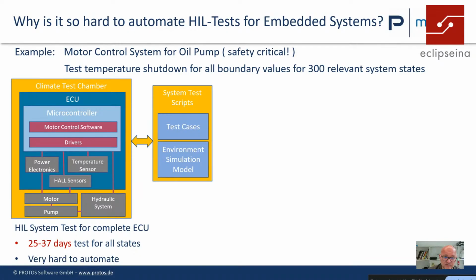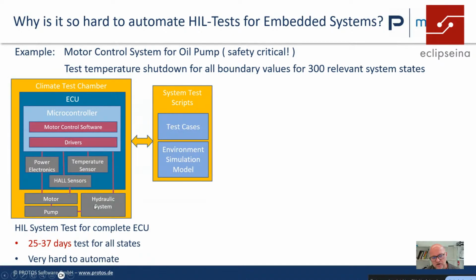That takes a lot of time. 2 hours maybe, or an hour for such a system, costs a lot of energy, and it's very, very slow. So theoretically, it would have taken something like 30 days to test for all the states needed for those system shutdown tests. And it's very hard to automate, because you have so much hardware in the loop that things might fail at any time.